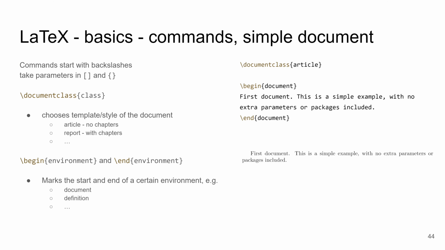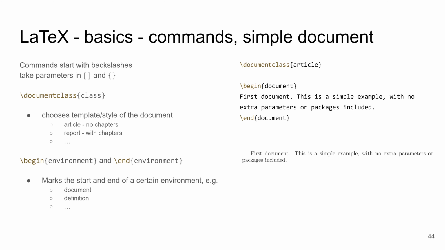Now, commands in LaTeX start with a backslash and the command name, and then in either curly braces or in brackets, you supply parameters to that command. So here we'll use the documentclass command to actually say that the document we will be writing uses a certain document class, which is the template or the style that the document will use. So that's the documentclass command.